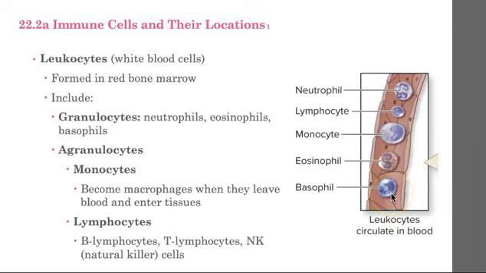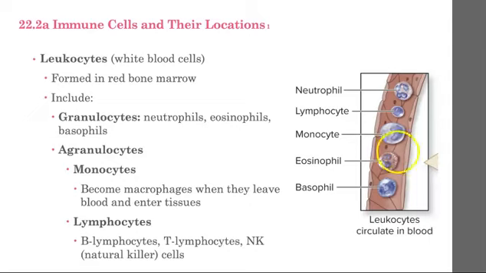Whereas our agranulocytes have extremely small granules, so we can't really see them. Our monocytes are going to be called that as they flow through our blood, but once they leave the bloodstream, we're going to change their name to macrophages, and they enter the tissues in search of pathogens or abnormal cells or debris to gobble up.